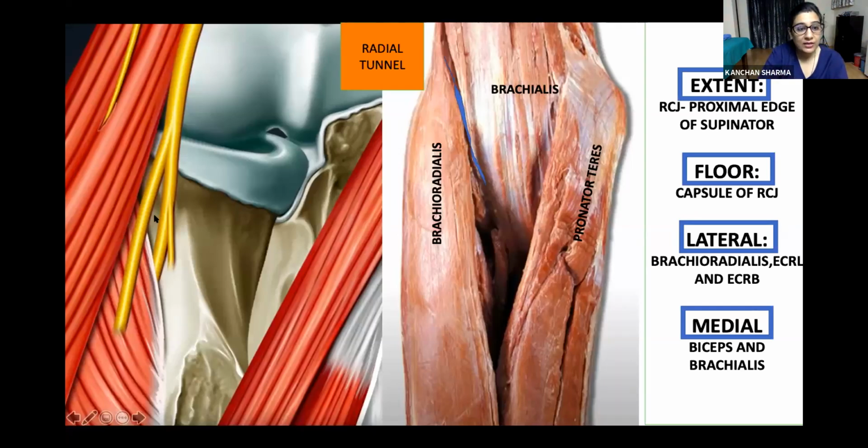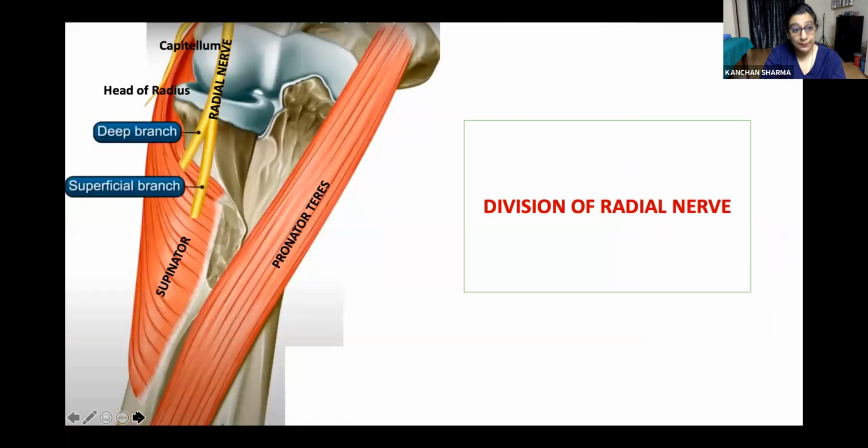If you have entrapment of the deep branch of the radial nerve, we call it radial tunnel syndrome. Why I'm not calling it PIN, I will come to in a while. The radial nerve divides into a superficial branch and a deep branch. The deep branch is the one which passes between the 2 heads of the supinator muscle.